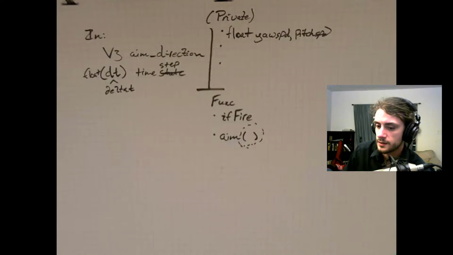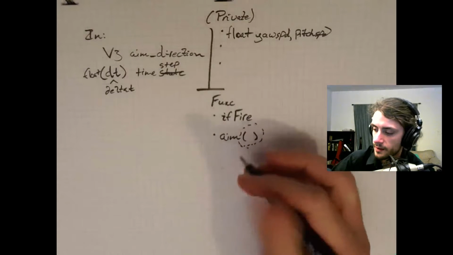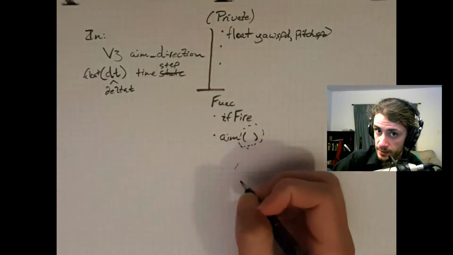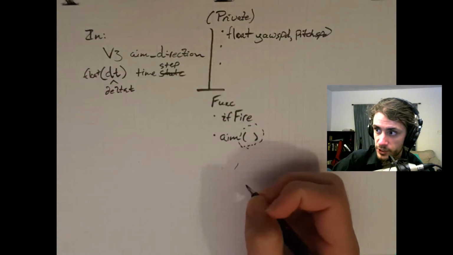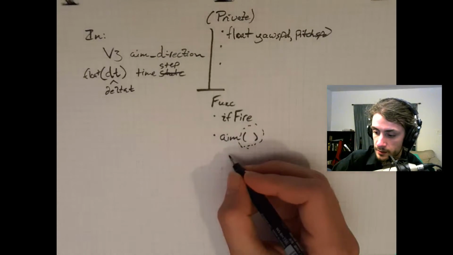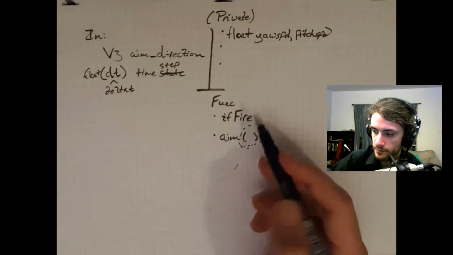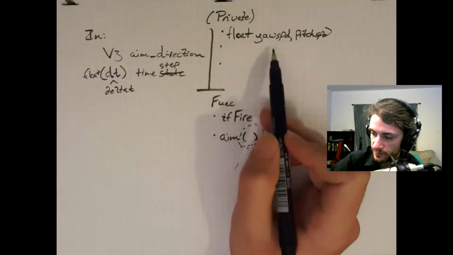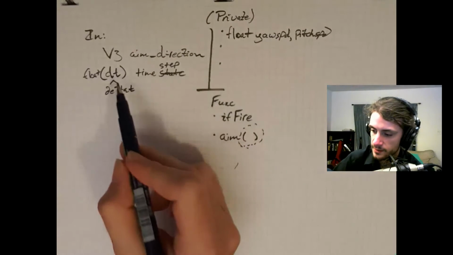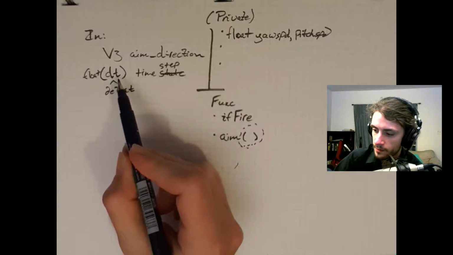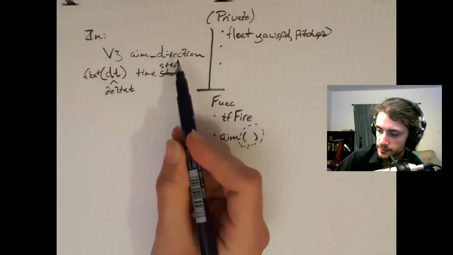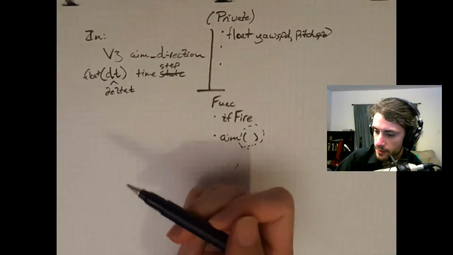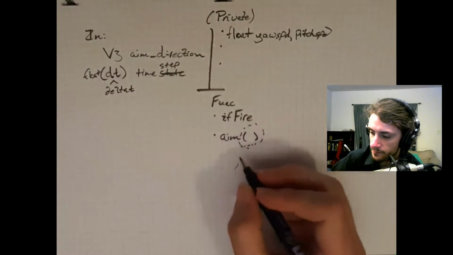Basically, if we're not aiming at the exact target yet, change our pitch and yaw according to our available pitch speed and yaw speed and delta time, and the aim direction.